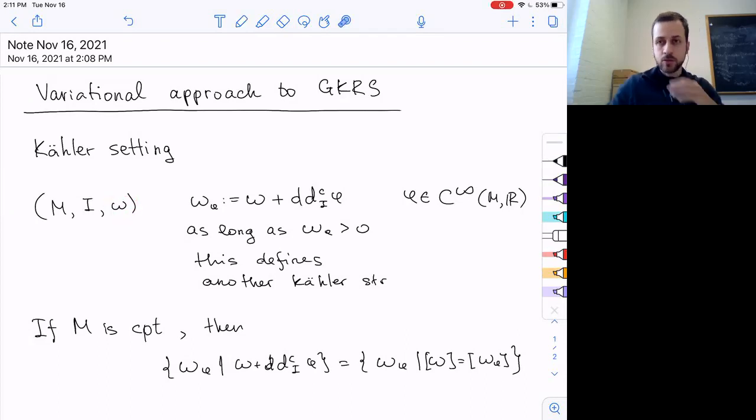So this is due to the dd^c lemma. It gives you a good explanation of what the set of these deformed forms is. It's essentially the set of all Kähler forms in the same cohomology class. So this is an identity in the second cohomology.